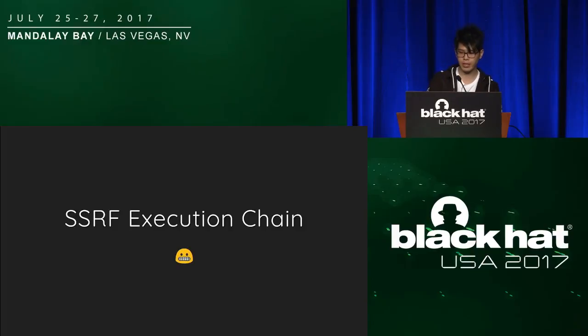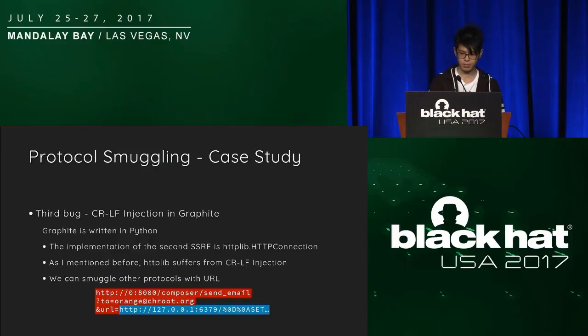So we have two SSRFs now, and we can combine these two SSRFs into an SSRF execution chain. A cool term, right? And we successfully switched a POST-based SSRF into a GET-based SSRF. The third bug is the CRLF injection on Graphite.